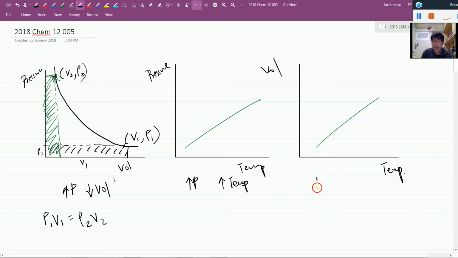And the higher the temperature would give you the higher the volume. So that's a basic fact that we always know. And this is called directly proportional to each other. And the formula can be written as P1 over T1 equals P2 over T2.